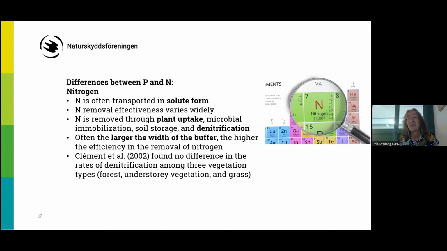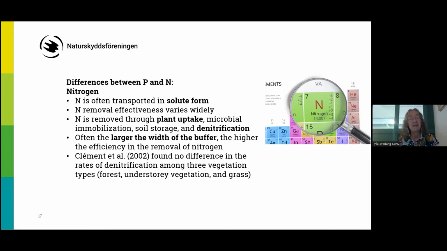And also it can be stored in soils, and of course the denitrification, which is also a form of microbiological effect on it. And often the larger the width of the buffer, the higher the efficiency and the removal of nitrogen. So it's often very good to have a broad buffer strip to get rid of lots of nitrogen.